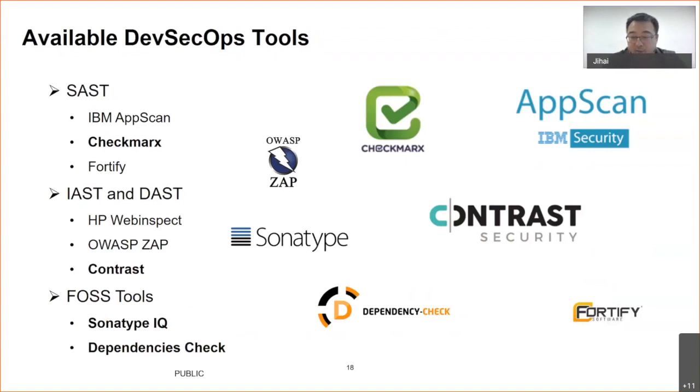If you go to the OWASP website, you can find this open source tool there. For FOSS tools, the popular ones include Sonatype IQ Server, Xray, or Dependency-Check. Dependency-Check is also an open source tool you can find on the OWASP website.